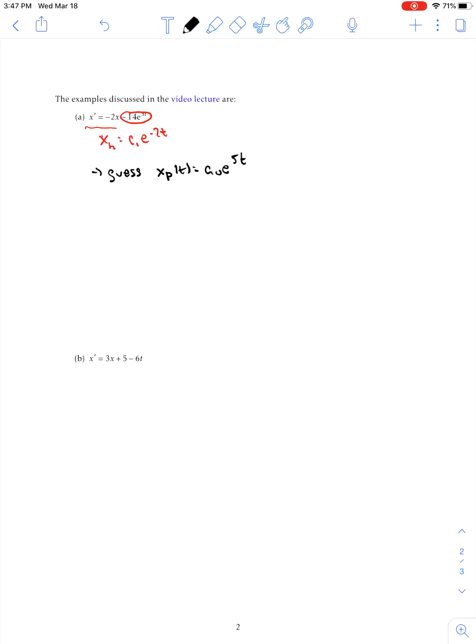And so the derivative is going to be 5a naught e to the 5t. That's my derivative. Is going to equal to minus 2 times my guess. And then I have the forcing function, which is minus 14 e to the 5t.